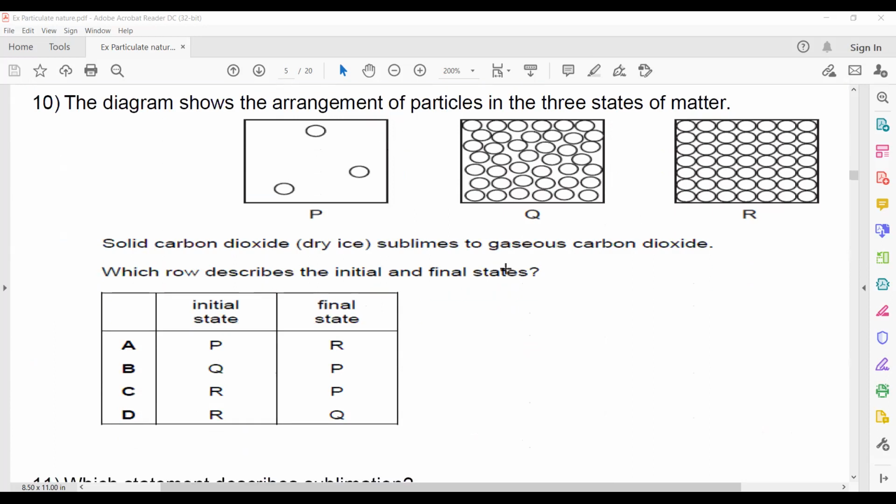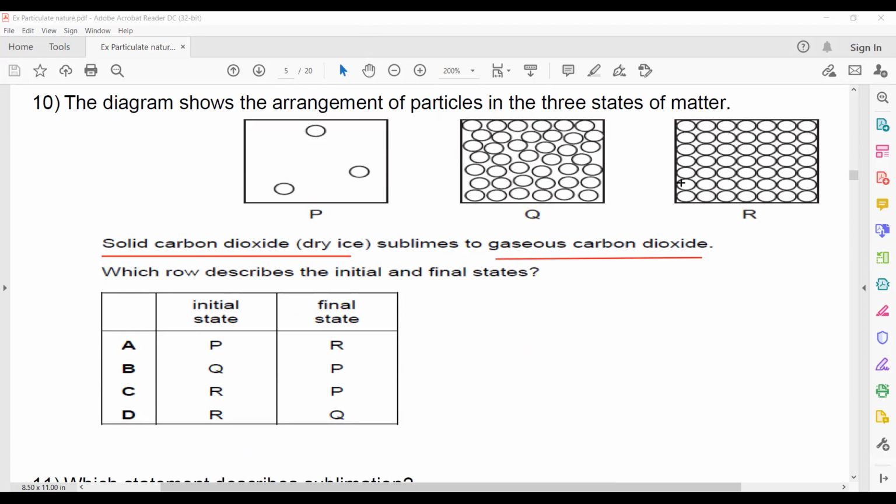Question 10. The diagram shows the arrangement of particles in three states of a metal. A solid carbon dioxide, which is also called dry ice, sublimates to gaseous carbon dioxide. What is the right answer? What is the initial state in terms of structure and what is the final state?